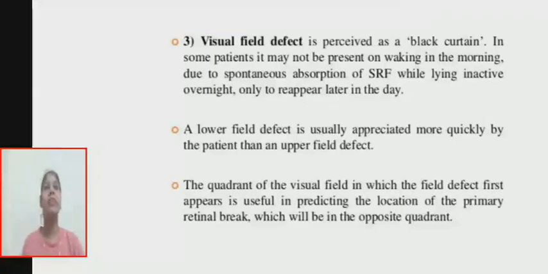Third is visual field defect, perceived as a black curtain. In some patients, it may not be present on waking in the morning due to spontaneous absorption of SRF, the subretinal fluid, while lying inactive overnight, only to reappear later in the day.